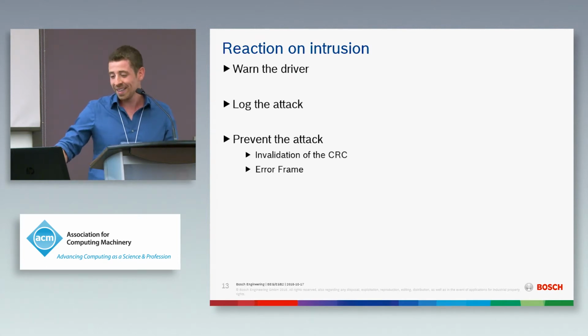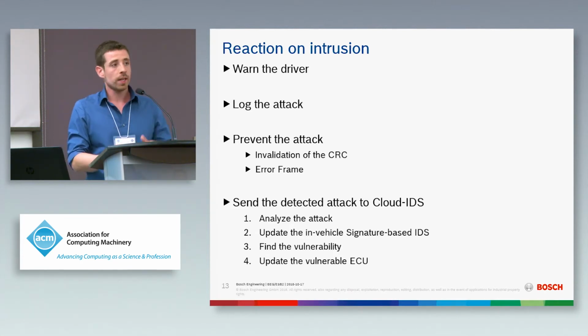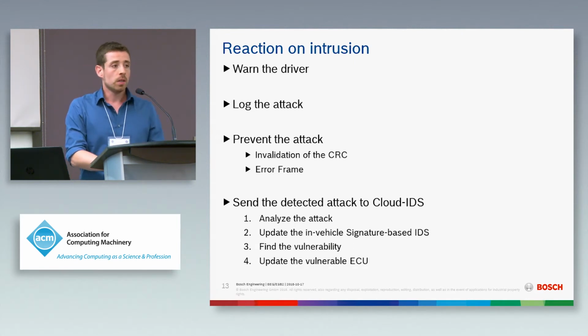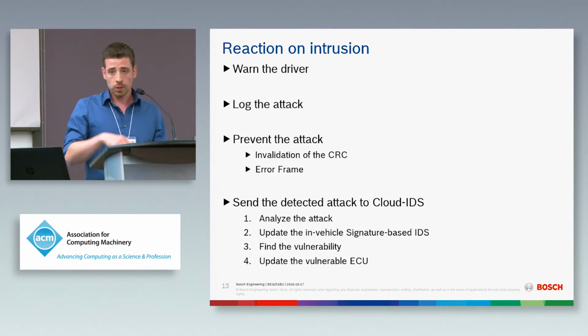Another idea is to send possible attacks to the cloud, where you can analyze the attack and maybe send a pattern you have observed to the signature-based IDS, which is a fast fix for the vulnerability you have detected. Then you can investigate the problem and fix the vulnerable ECU in the next update, for example, which you can also deploy over the air.